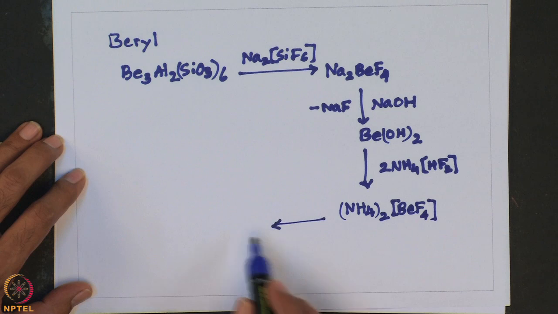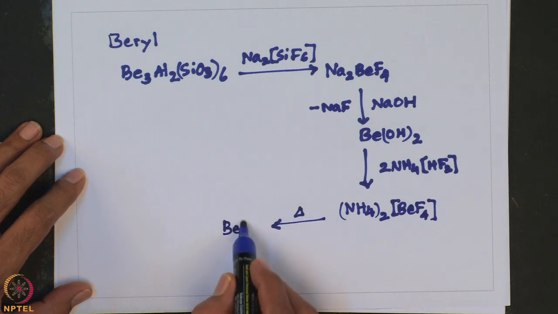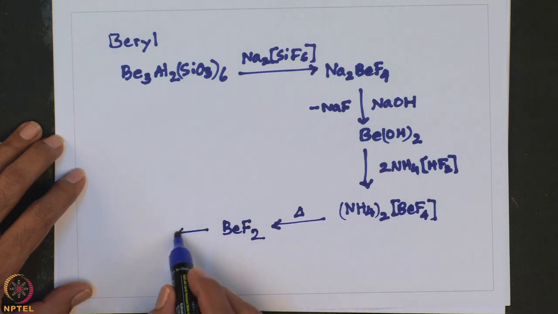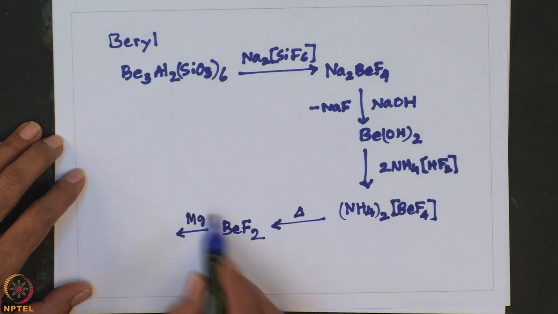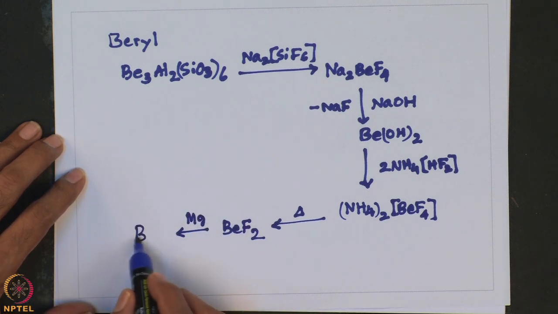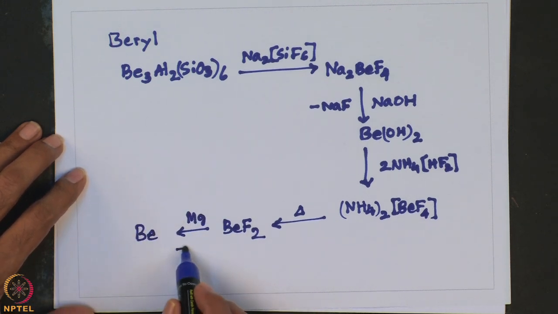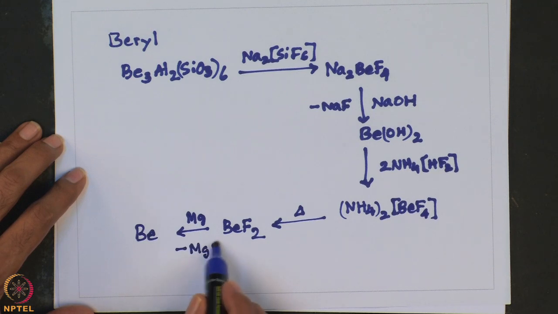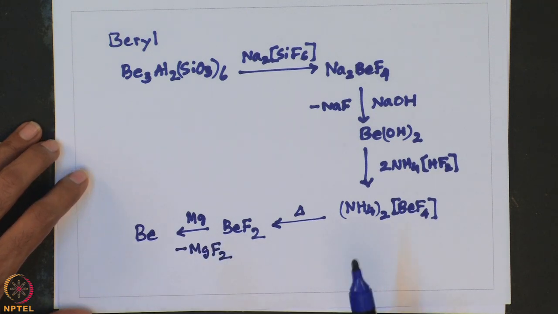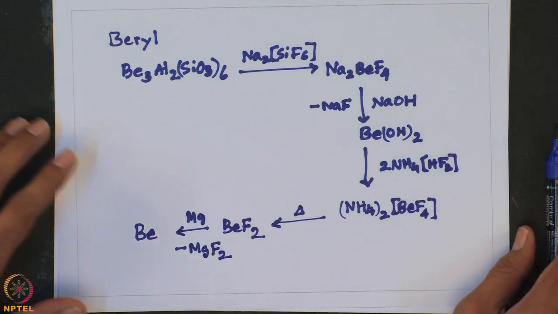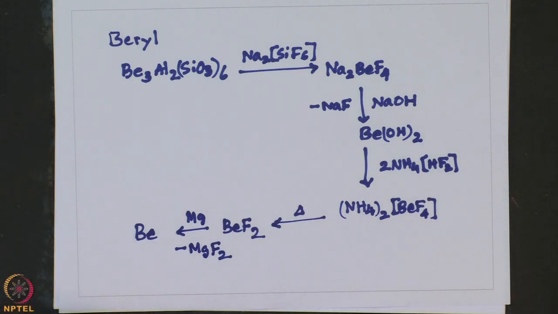This one on heating gives beryllium fluoride. So, this beryllium fluoride on reduction with magnesium gives pure beryllium through the formation of magnesium fluoride. So, this is the method used for the extraction of beryllium starting from beryl.